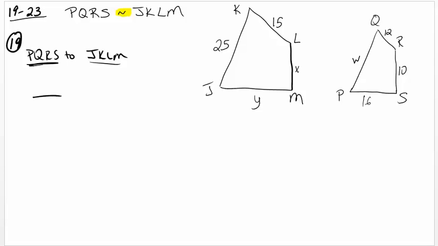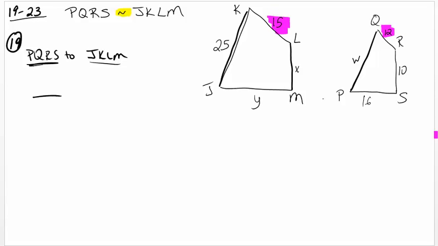So I'm going to look at my figures, and I'm trying to find a pair of corresponding sides that I have numbers for both. For example, JK corresponds to PQ, and I don't have numbers for both of those. The ones I have numbers for both would be KL and QR, but I want to watch the order.